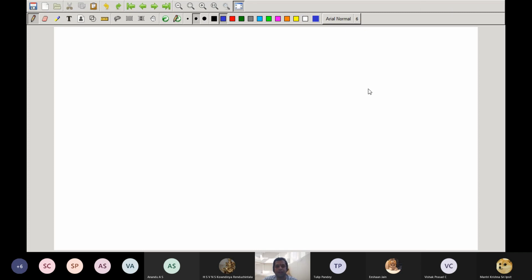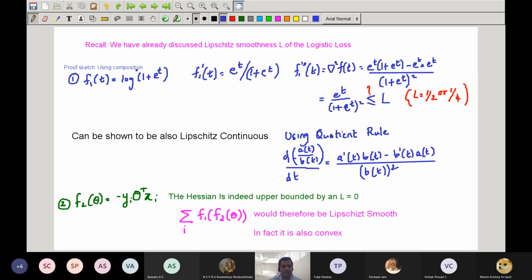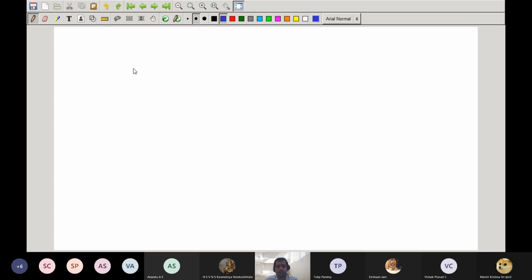I'm having a problem getting my pen to write. Okay, so basically the simplest aspect is that you have internally this, let's just call it F1, right?